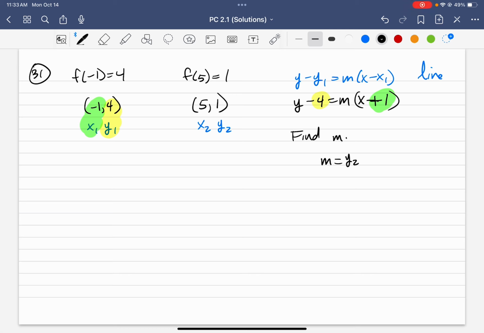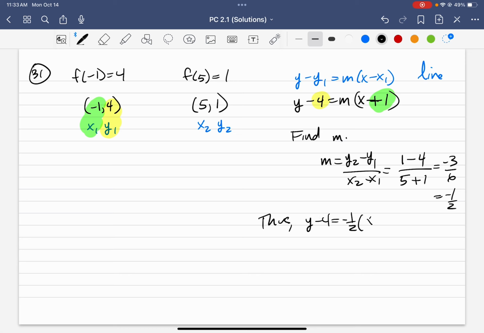But the slope is y2 minus y1 over x2 minus x1. And so in this case, it's going to be 1 minus 4 over 5 minus a -1. It's going to be -3 over 6, or -1/2. Thus, y minus 4 is equal to -1/2 times x plus 1, because I plug in for my slope here. So that's our linear equation.